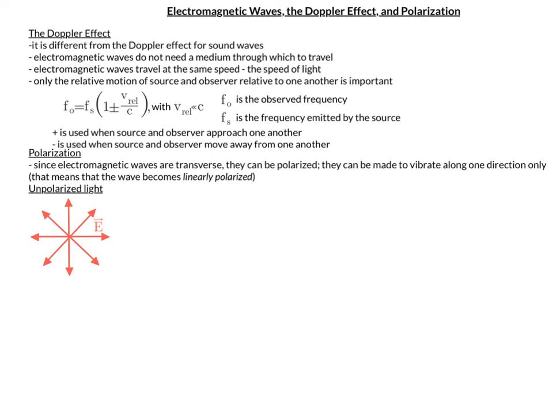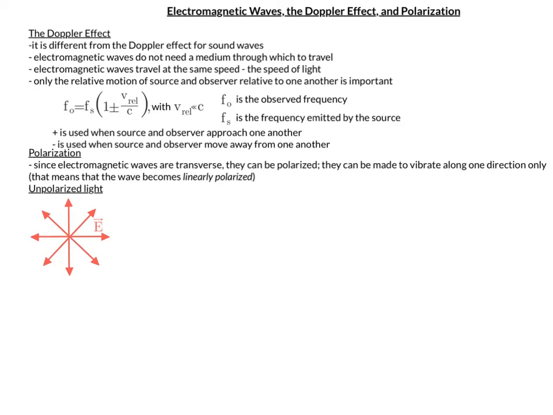And remember that with electromagnetic waves, there's an electric field component, and perpendicular to that, there would be a magnetic field component. But we are not concerned with a magnetic field. That's why I didn't draw it on here to complicate things even more. So we're just looking at the electric field and its orientation.